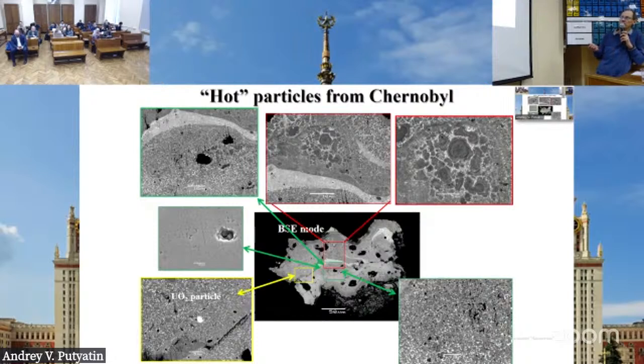So this is one hot particle. The size you see is something like 300 microns, so 0.3 millimeters. And when you look at high magnification with an electron microscope, you see that the matrix is extremely fine. Gray one is zirconium dioxide. White drops, white points are precipitates of uranium dioxide.